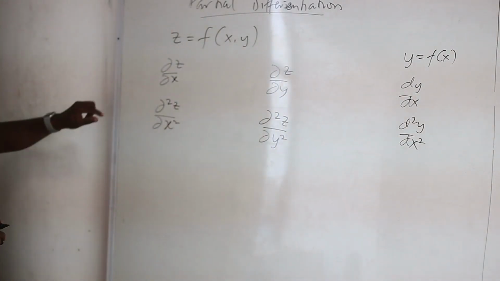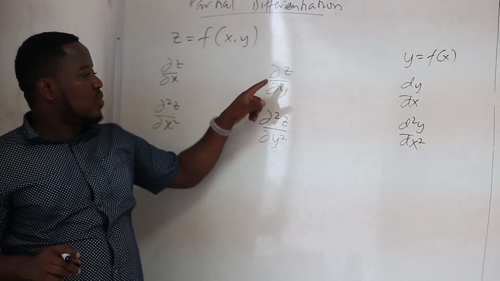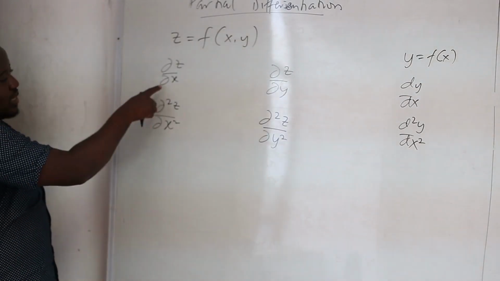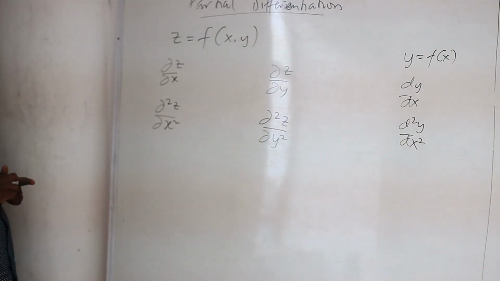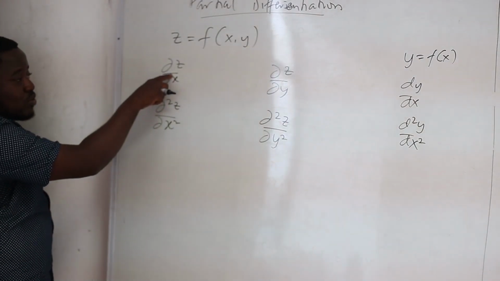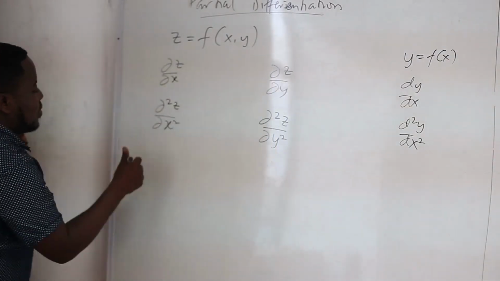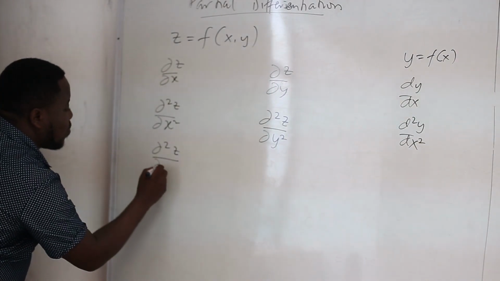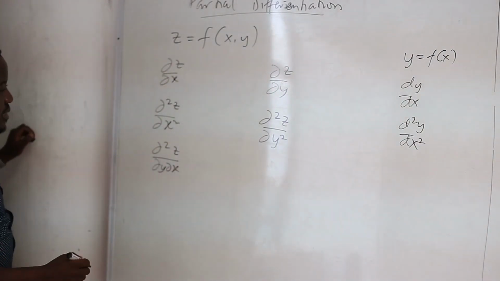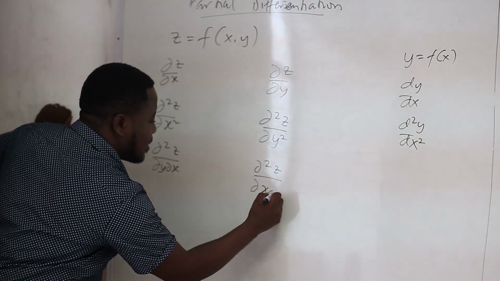Then since this is a function of x and y, and this is also a function of x and y, we have to differentiate this with respect to y. We call that cross partial derivative. So we differentiate this with respect to y, then we differentiate this with respect to x. So we have d2z dy dx, then we have d2z dx dy.